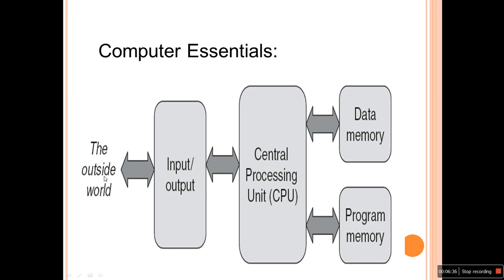So inputs can come from the outside world, then come to the CPU, it processes the request, and then it keeps the data within the memory. The program is stored in the program memory, which will process the data, and then the processed data will be sent back to the outside world through IO ports.